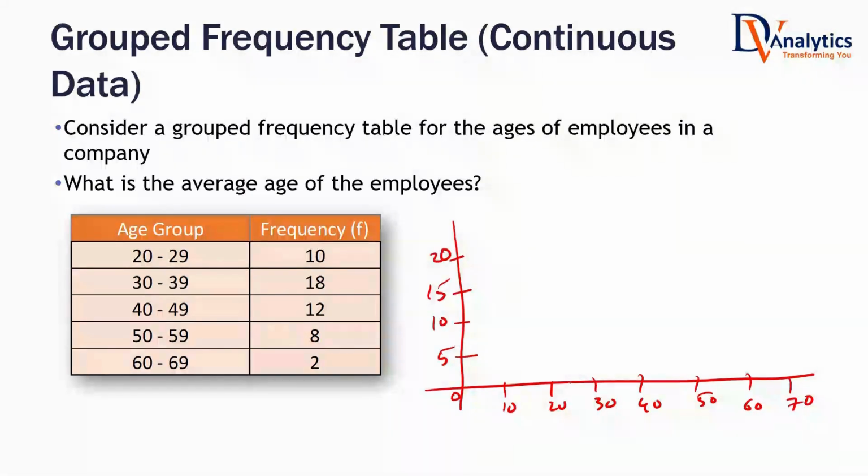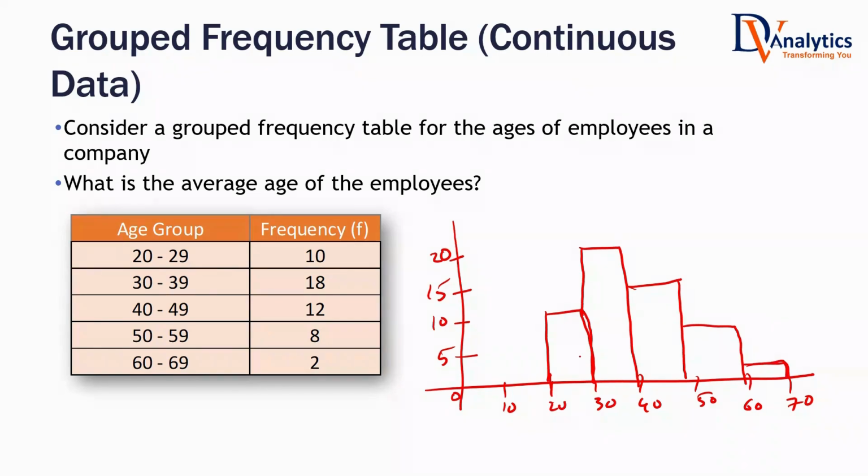From 20 to 29, 10 people are there, so this will be the first bar. And then 30 to 39, 18 are there, so this will be the second bar. Then from 40 to 49, 12 are there, and then 50 to 59, 8 are there, and then 60 to 69, 2 are there.